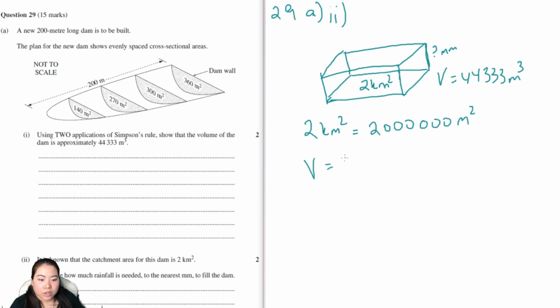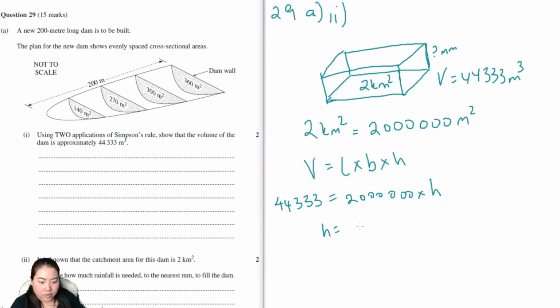Now we can continue. We know that volume is length times breadth times height. And we can start substituting some of the numbers in here. For example, we know the volume. Volume is 44,333. The length times breadth would be 2 million. And what we want to find is the height.